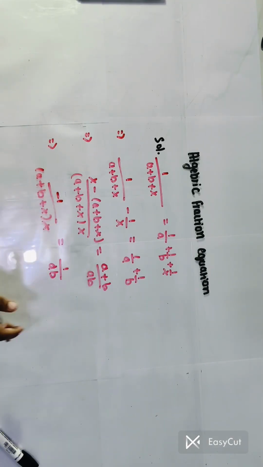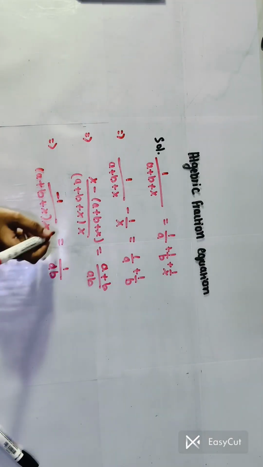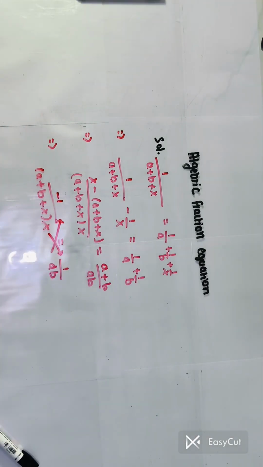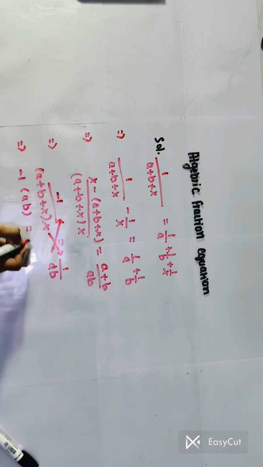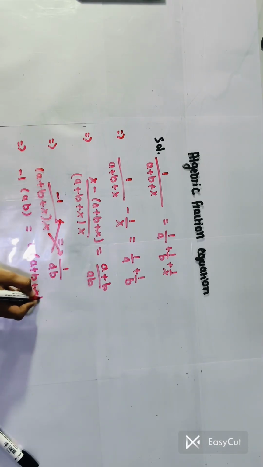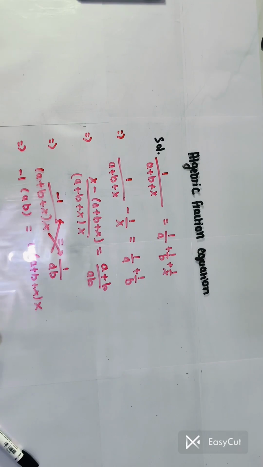So we are here, and then we have to cross multiply. Transfer this here, transfer this here. So it will look like minus 1 multiplied by AB and 1 multiplied by a plus b plus x into x.